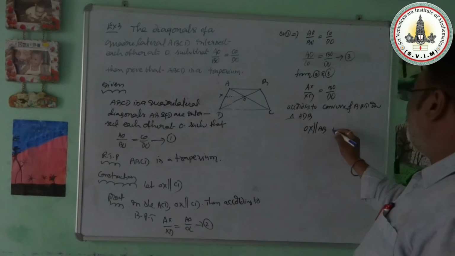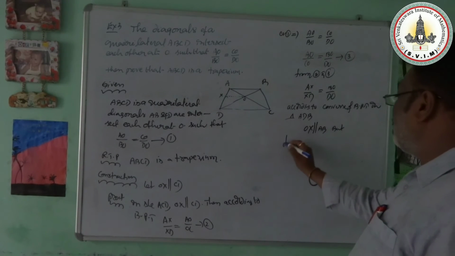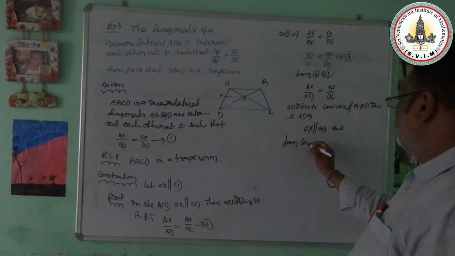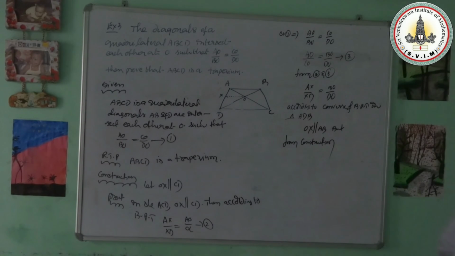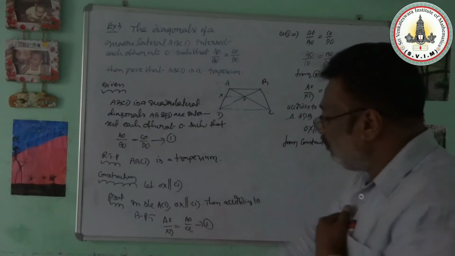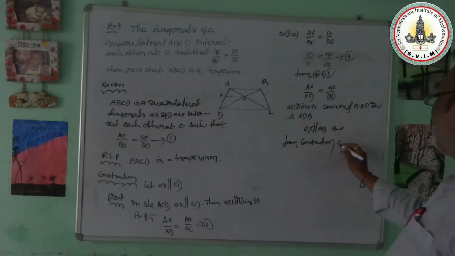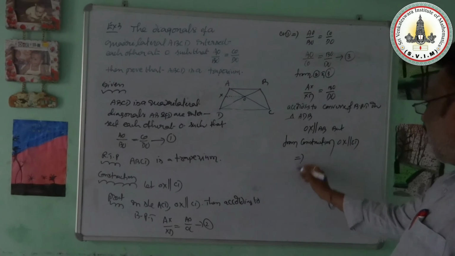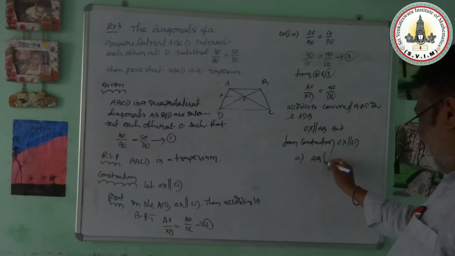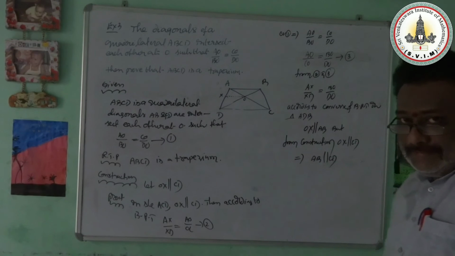But from construction, OX is parallel to CD. That implies AB is parallel to CD.